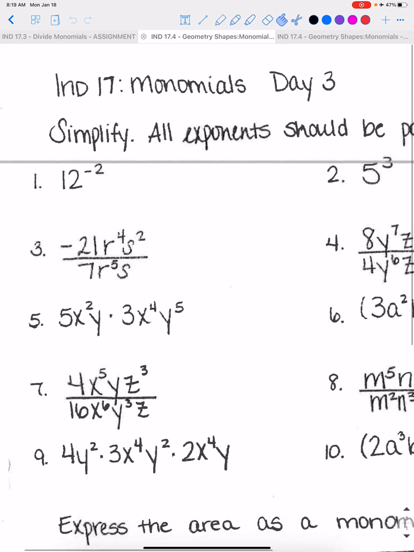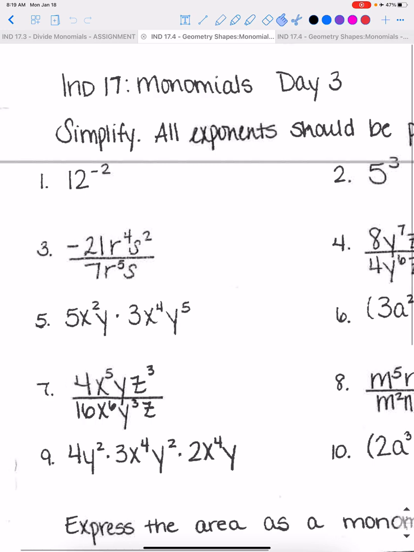All right, so just as a quick review, it says simplify, all exponents should be positive. All right, so we've got 12 to the negative 2. We have to deal with that negative by flipping the fraction over, because this is really 12 over 1, and so you can make it 1 over 12 squared, and then to clean it up a little bit, you could do 1 over 144, and that would be your final answer.